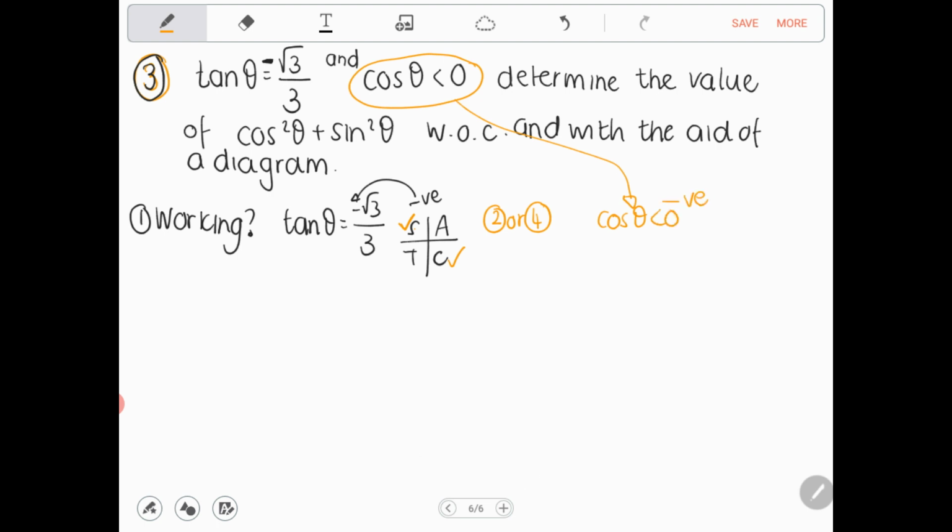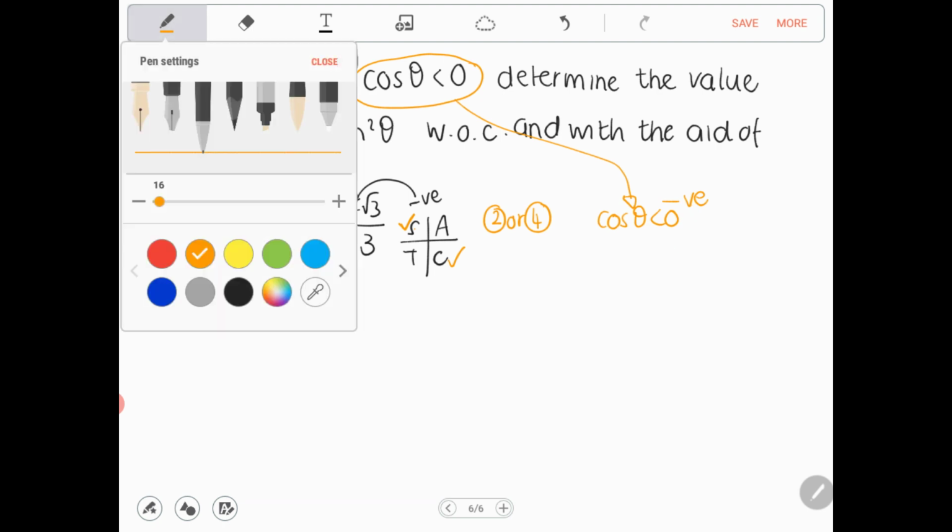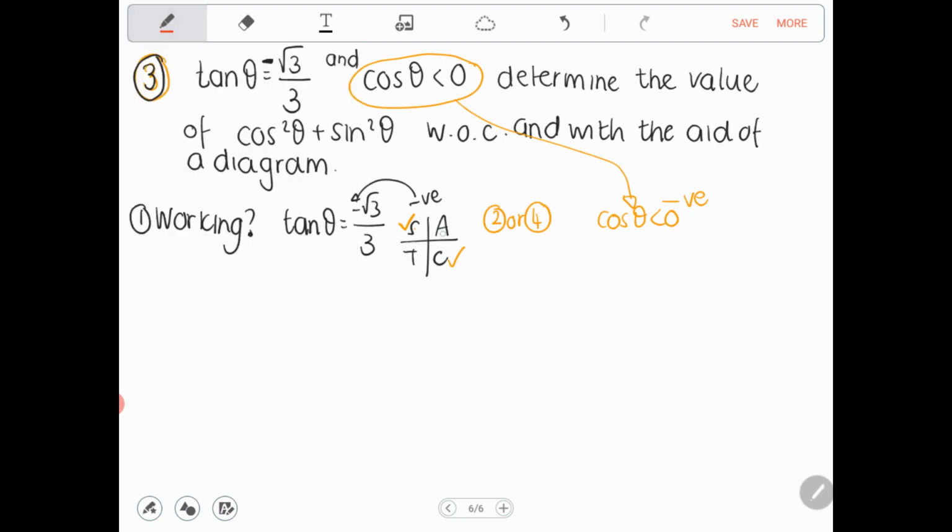We need our r. So we use Pythagoras. X squared plus y squared is going to be r squared. Negative 3 squared plus √3 squared. Please use your brackets when you substitute. Okay, so that's going to be 9 plus 3.